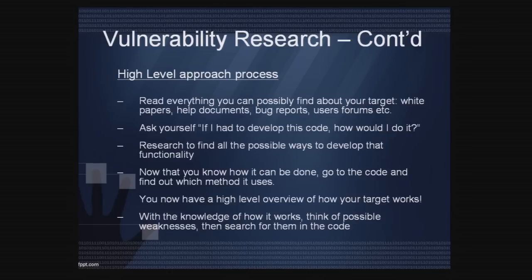And then you can say, okay, where would be a good place to look for bugs? What kind of bugs am I looking for? If I can find something here, then I can probably do that. But it all has to come from a high-level understanding of how everything works, and you go on from there.